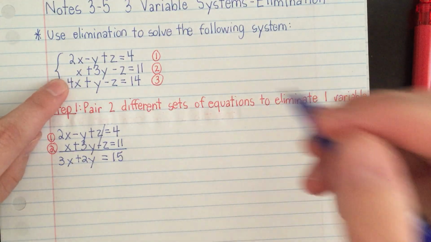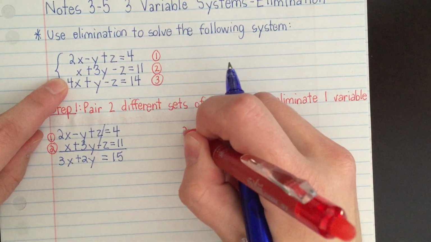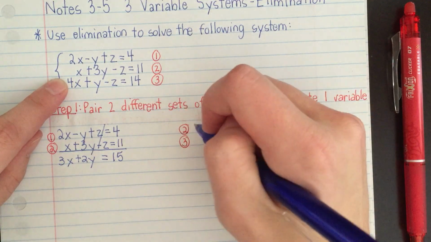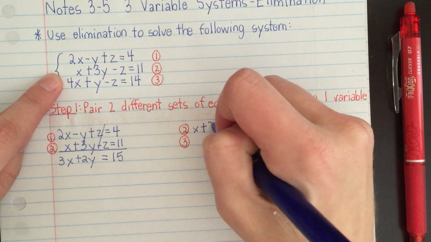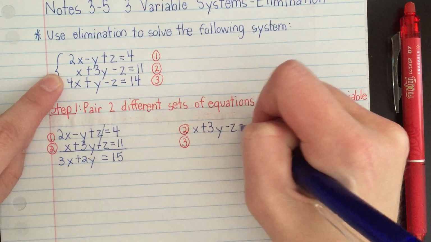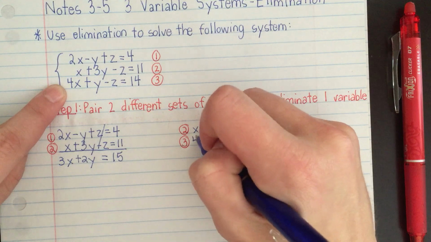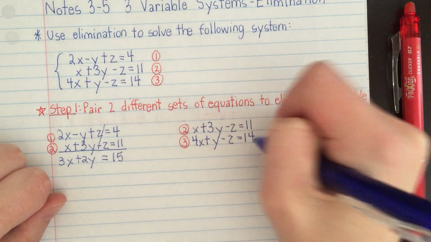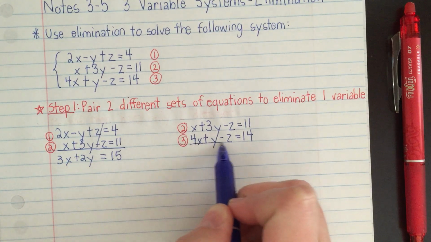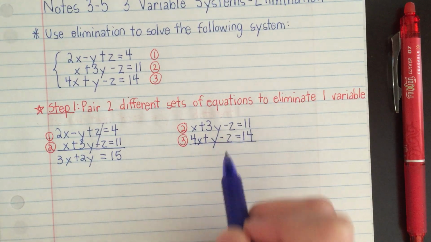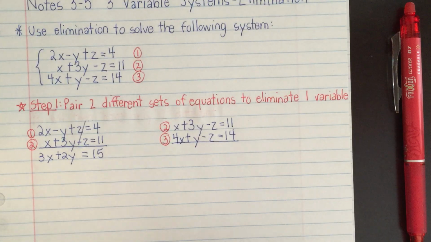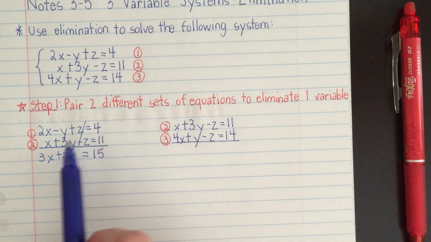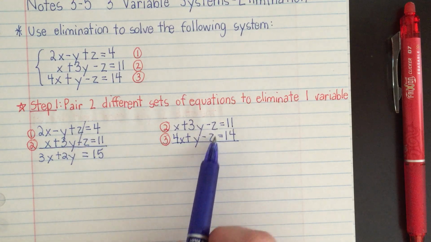So I'll choose equation number 2 and equation number 3: x plus 3y minus z equals 11, and 4x plus y minus z equals 14. If I add these, are my z's going to eliminate? No. Whatever you eliminate in one, you've got to eliminate in the other.